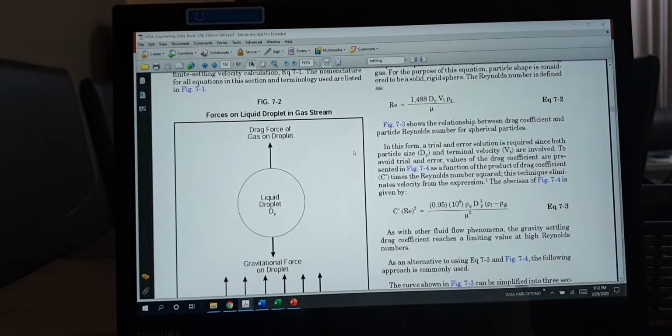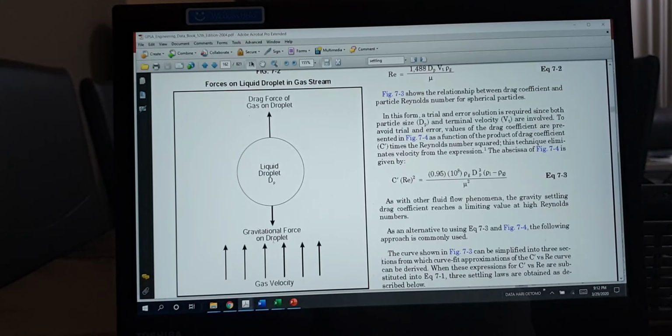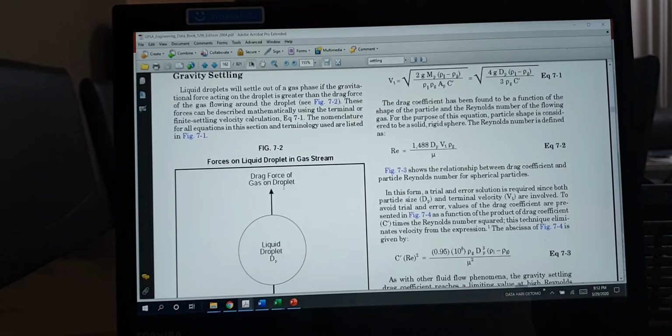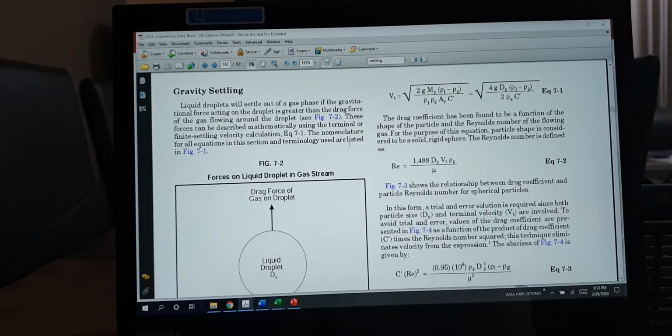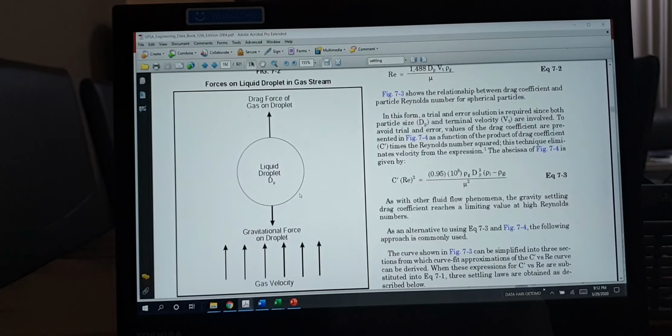I took this from GPSA. So this is a liquid droplet, this is the gravitational force, and this is called settling. The Vt here, the settling velocity, has to be greater than the drag force for the gas to move around.